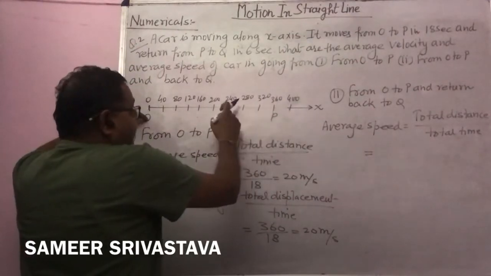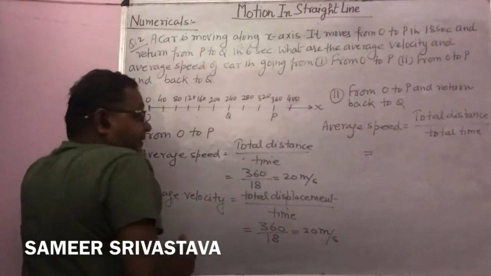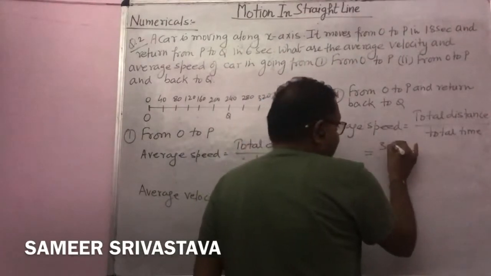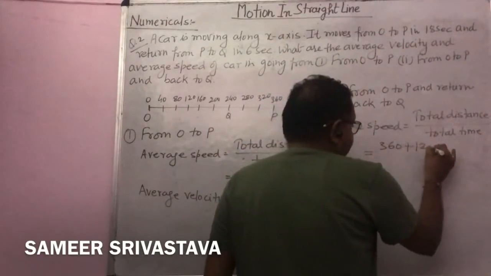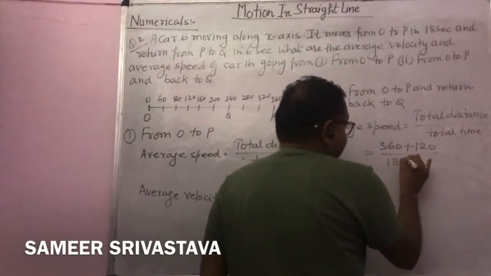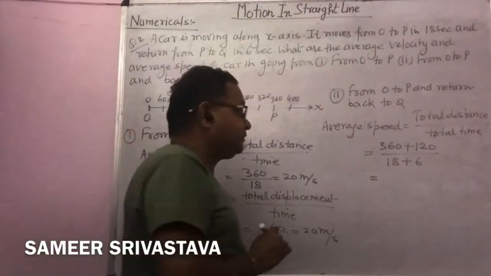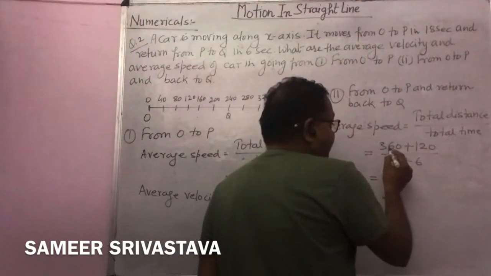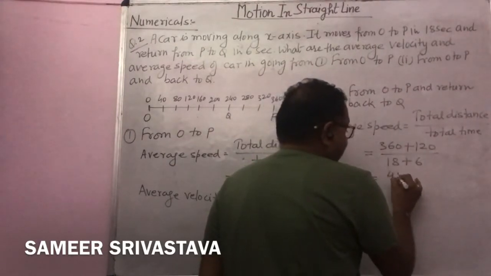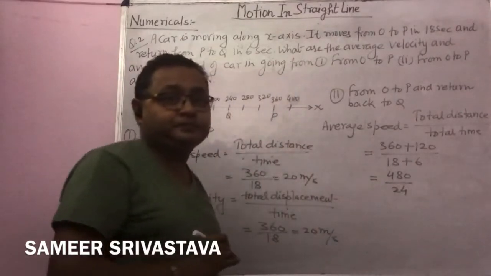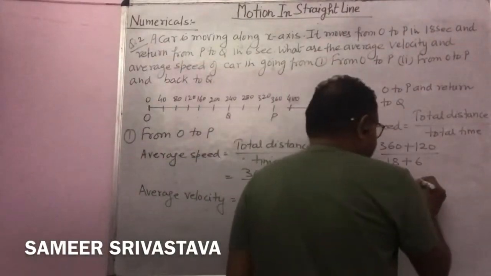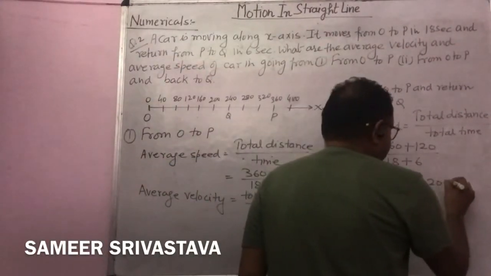Now back from P to Q, again 120. So this is 360 plus 120 upon time taken 18 plus 6. Right? Now 360 plus 120 is 480, upon 24. Now it will be 20 meter per second.